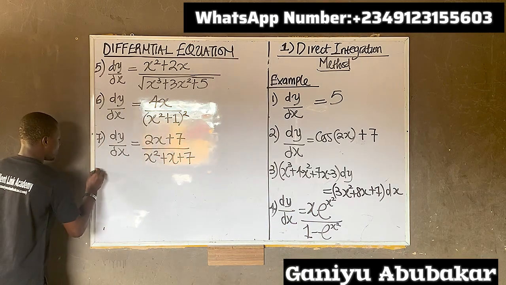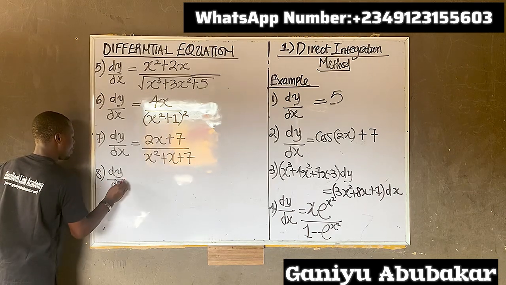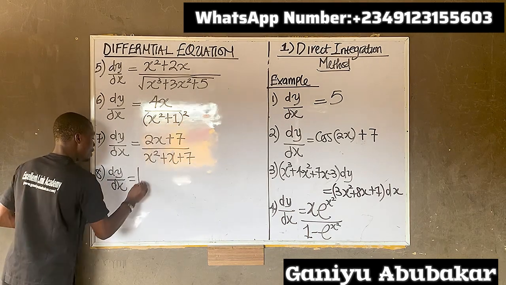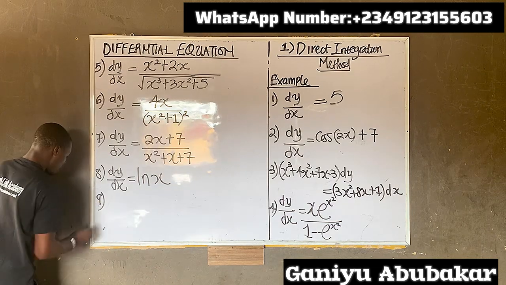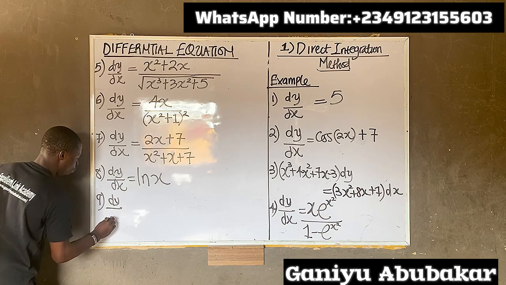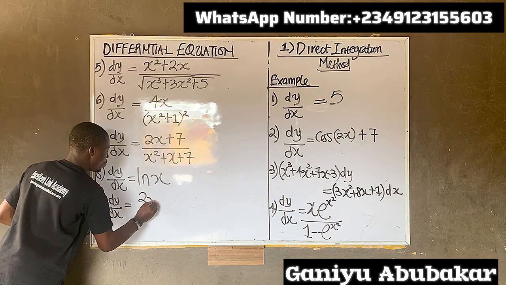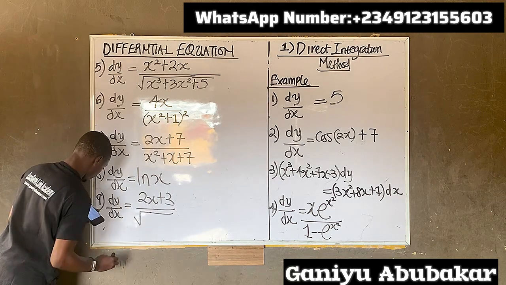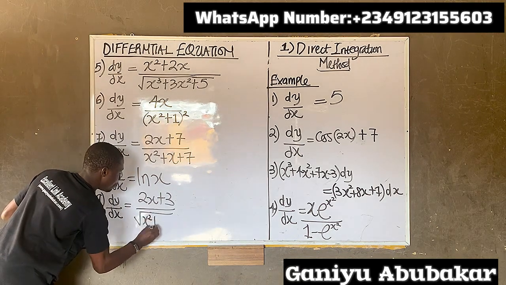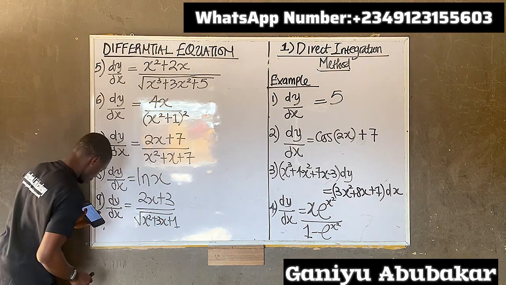Number 8, I have dy over dx is equal to ln x. Number 9, I have dy over dx is equal to 2x plus 3 all over the square root of x squared plus 3x plus 1.